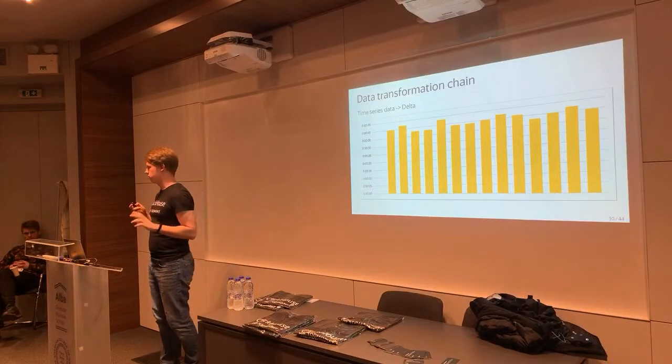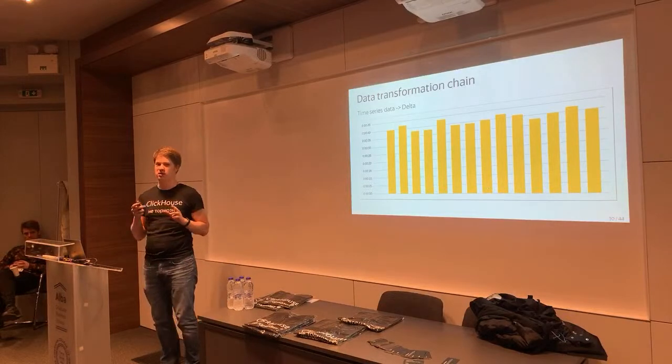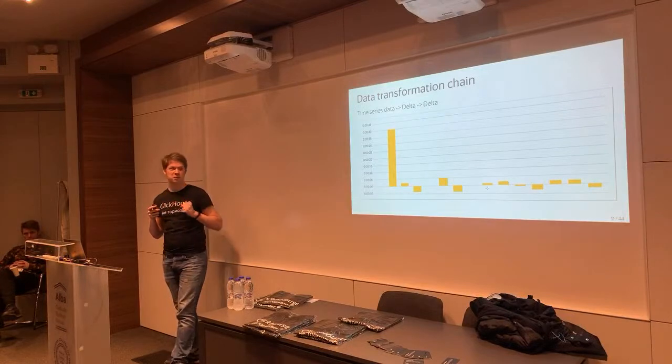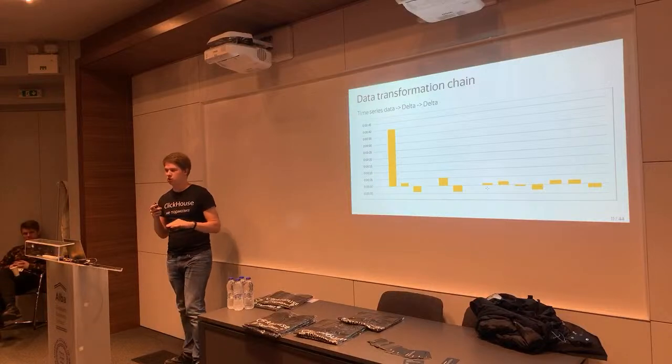But that's not all we can do. First of all, we can apply our delta transformation again, and we will have a graph like this. Now not a lot of things have changed, but we have time deltas which are actually close to 0.